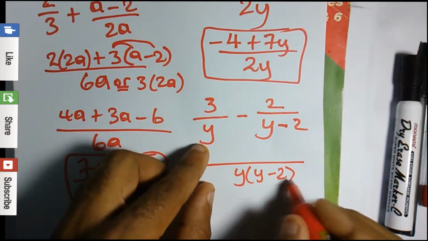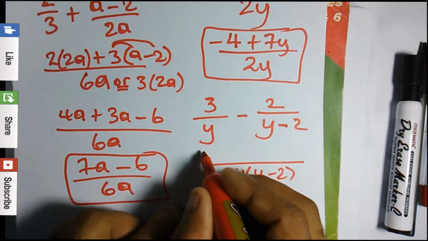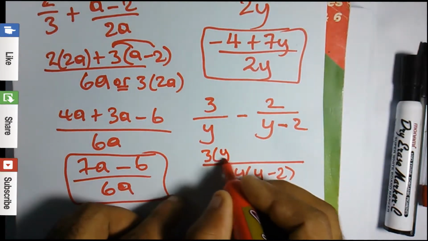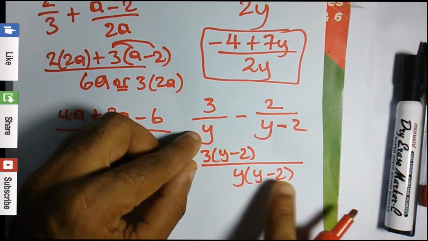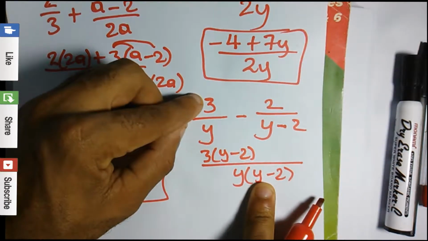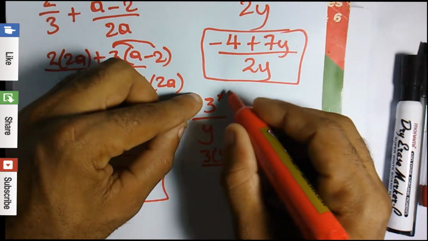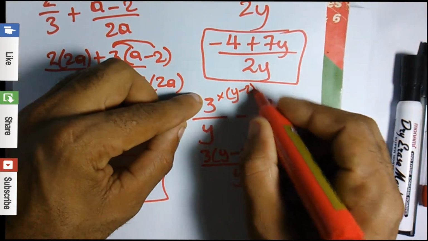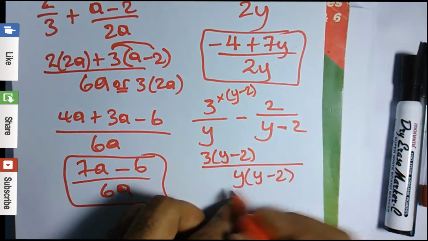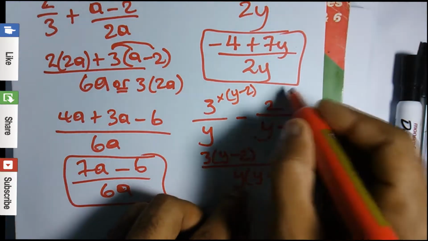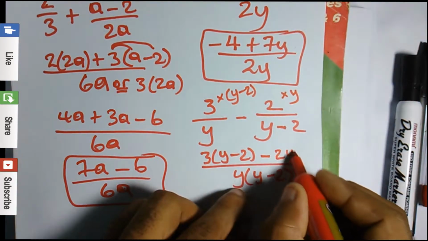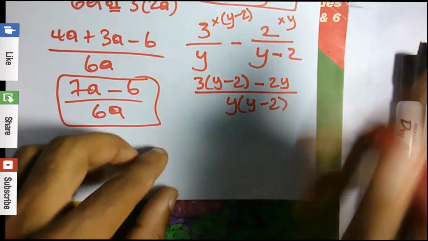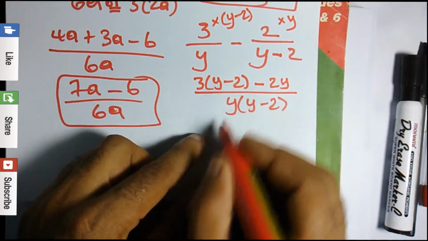So y into the LCM goes y minus 2. Remember, the y is going to cancel the y, so we're left with 3 times y minus 2. Remember, after we set y into the LCM, multiply it by the numerator. So it's times y minus 2, and y minus 2 into the denominator goes y. So minus 2 times y.